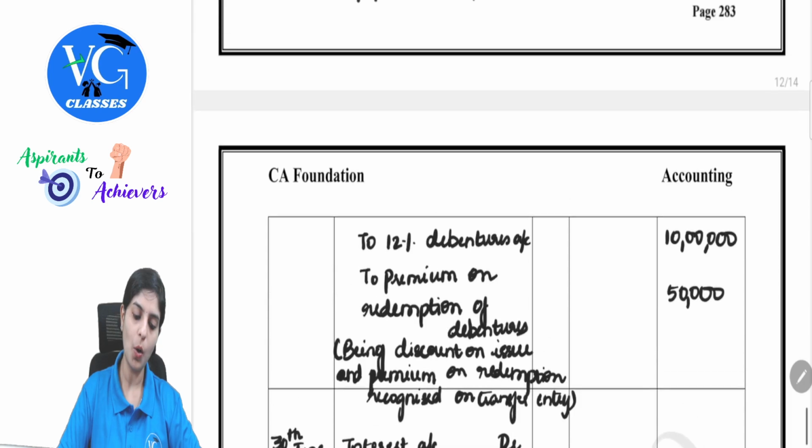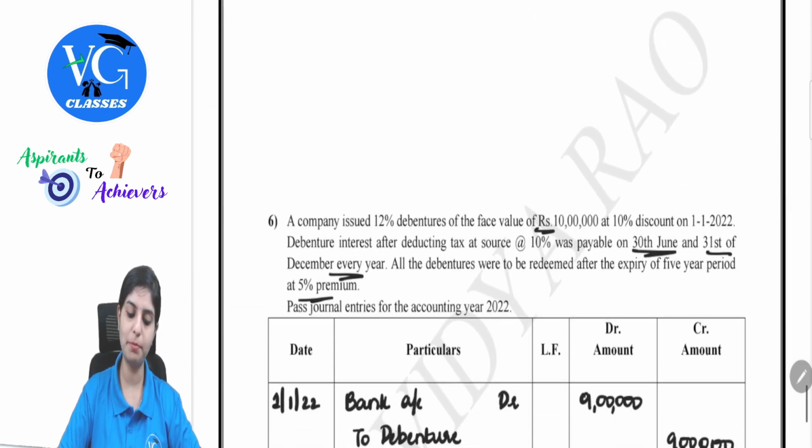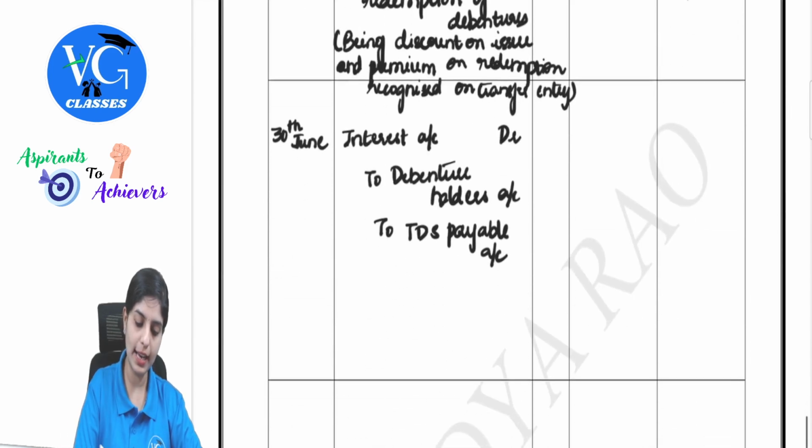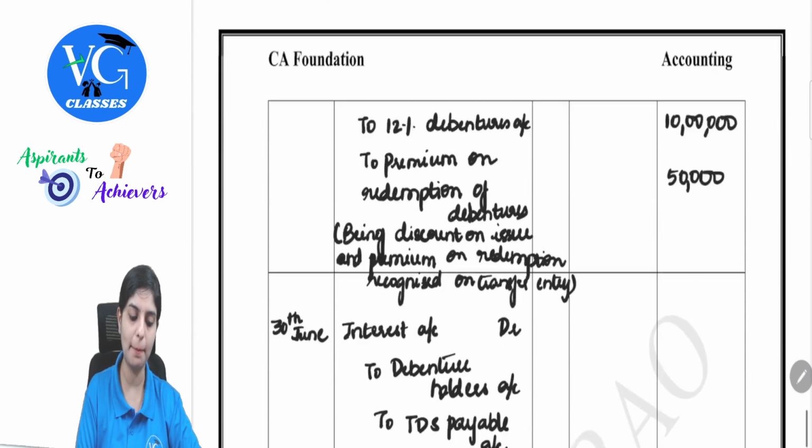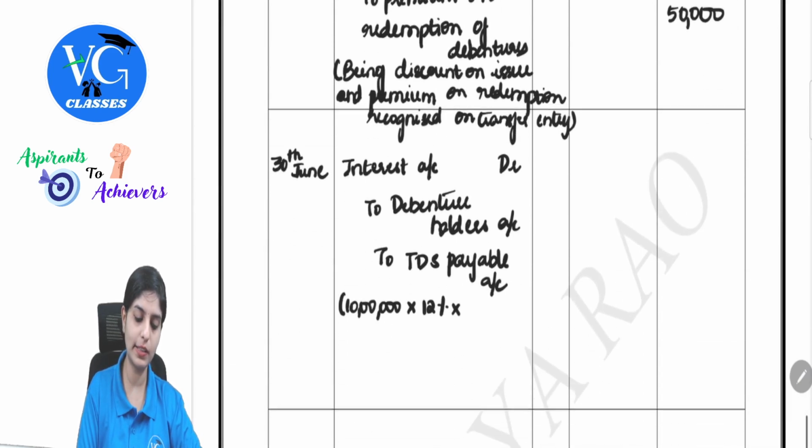Remember? So what is the coupon rate? 12%. Face value is given to you, that is 10 lakh. So how do we calculate this? 10 lakh into 12%. Remember the issue happened on 1st Jan. This is on 30th June.